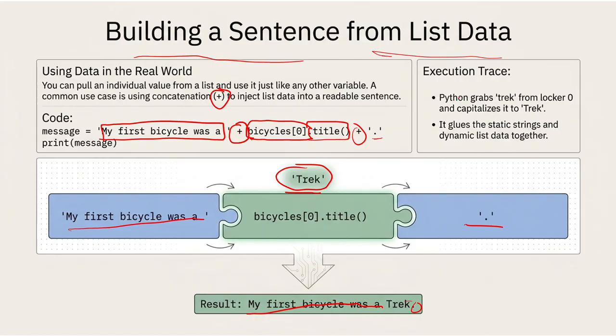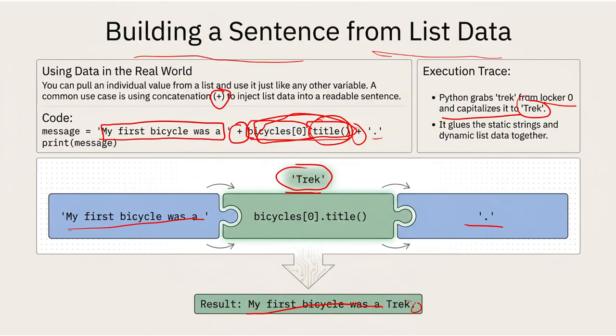Now if we come to the execution trace for this piece specifically, what does it mean? Python grabs track from locker 0, meaning position 0, index 0, and capitalizes it to capital T track, because we have applied the dot title method.